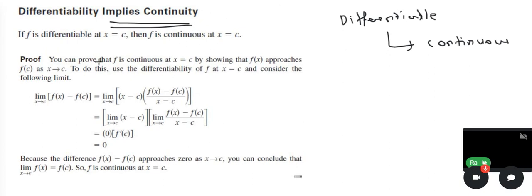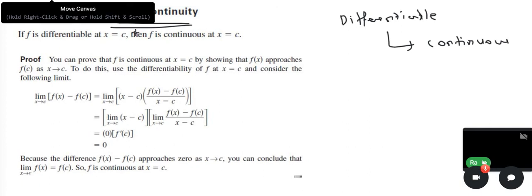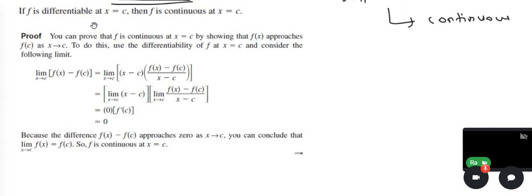We have a proof for this one. I'll go a little quick on this, as it is not that much required. If f is differentiable at x equal to c, then f is continuous at x equal to c. So what we do is we show that f(x) approaches f(c) as x approaches c.